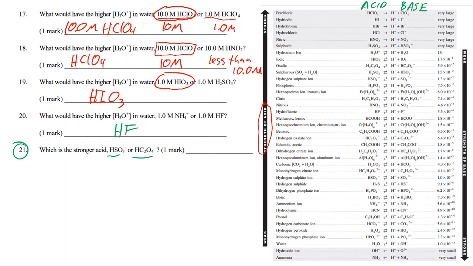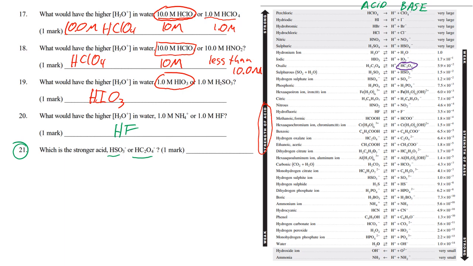So I'm going to show you a very common mistake that people make. Let me pick purple. They're looking for HSO3- or HC2O4-, and they'll go, oh, here's HC2O4- right there.